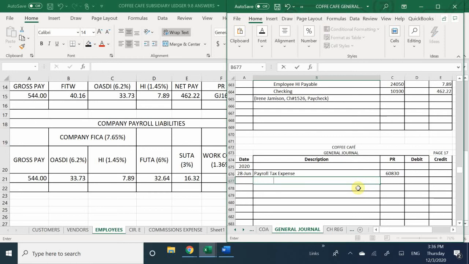Our first liability is going to be, I have to look back at it so I can tell you right, the company FICA payable.